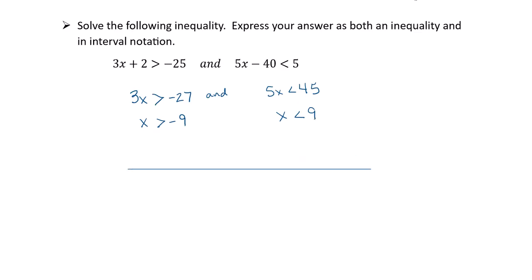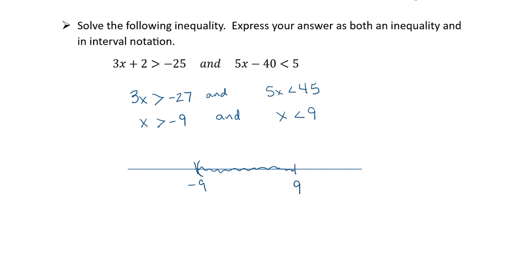So let's try with this. I have x greater than -9 and less than 9 at the same time. And this is going to be the place where that happens. All of those numbers are greater than -9 and less than 9 at the same time.